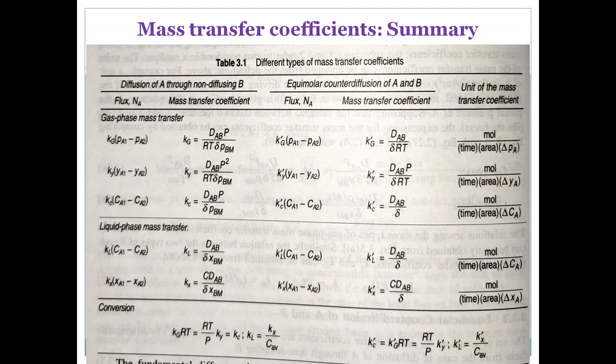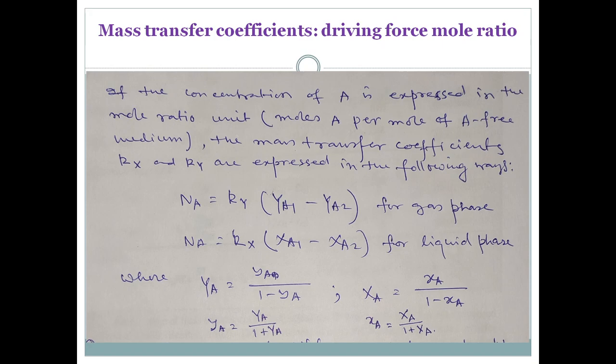Apart from this, there is another type of driving force, the mole ratio. I denoted it as capital A1 by capital A2, the number of moles of A per number of moles of B. So NA equals small k times capital Y difference for the gas phase, and for the liquid phase NA equals small k times capital X difference, X1 minus X2. Now what is the relation between mole ratio and mole fraction?